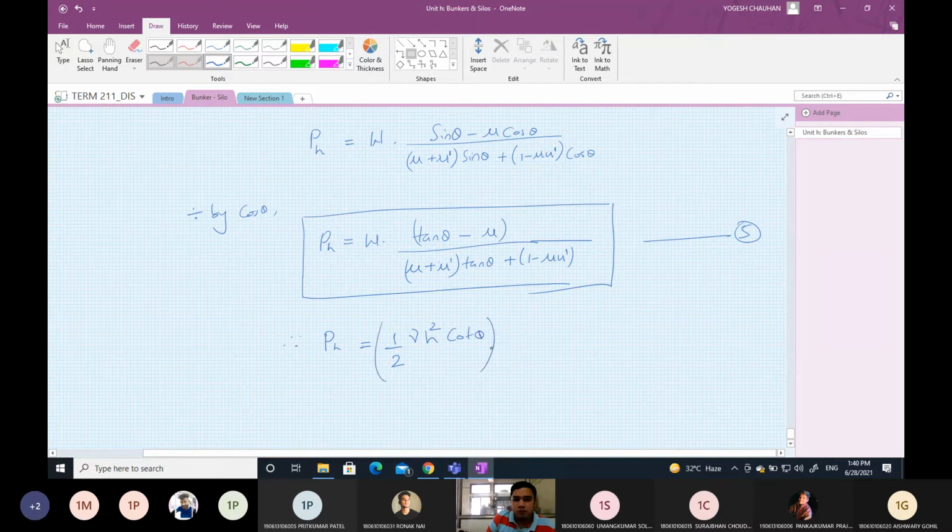This is the value of the W times this term, that is tan theta minus mu divided by mu plus mu dash tan theta plus 1 minus mu dash.